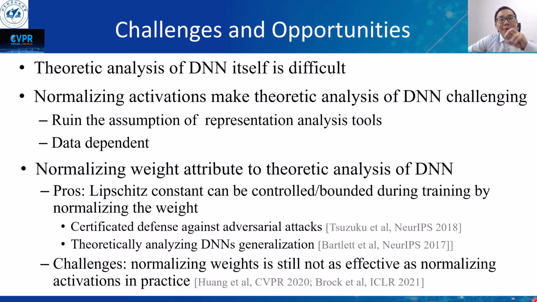This is an important property for certified defense against adversarial attacks, and for theoretically analyzing deep neural network generalization. However, normalized weights are still not as effective as normalized activations when it comes to improving training performance, leaving room for further development.